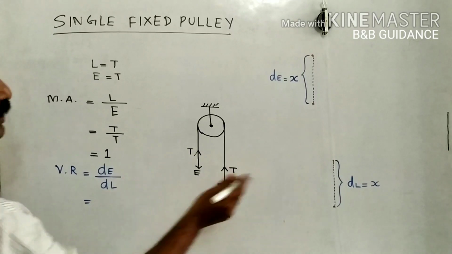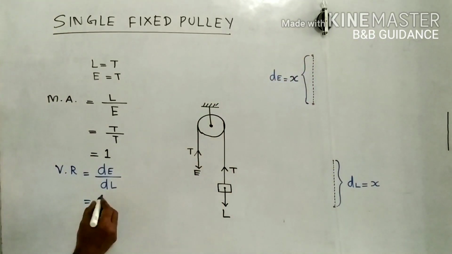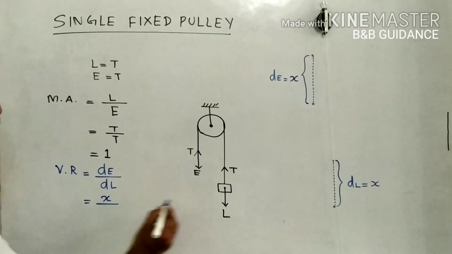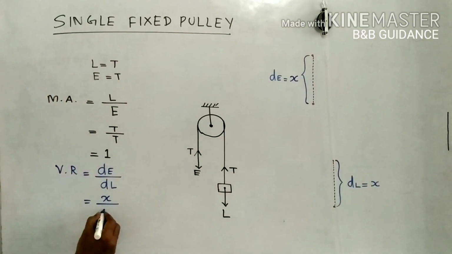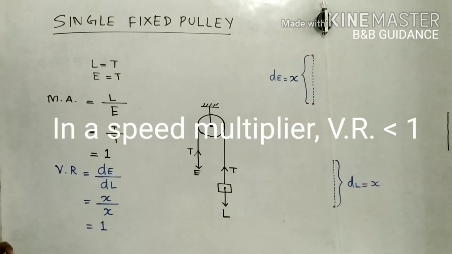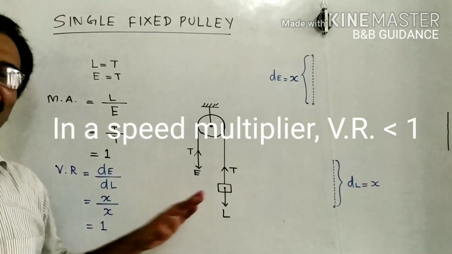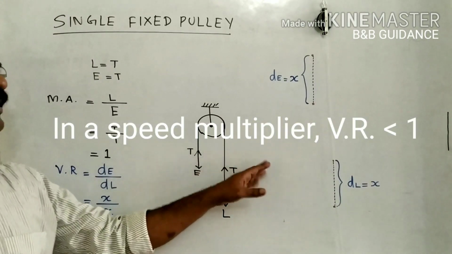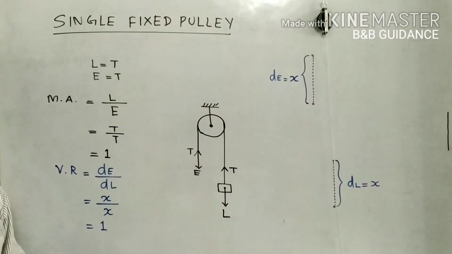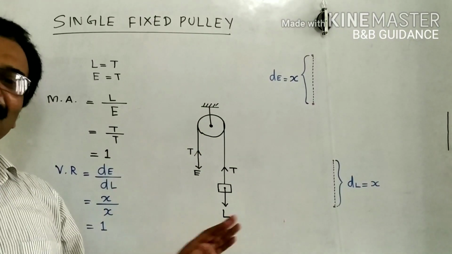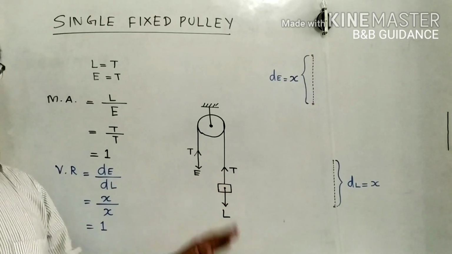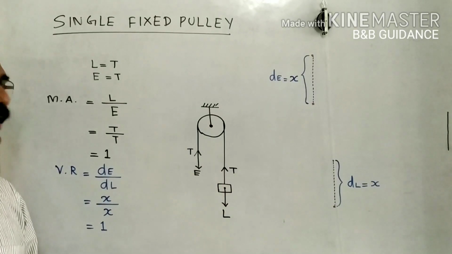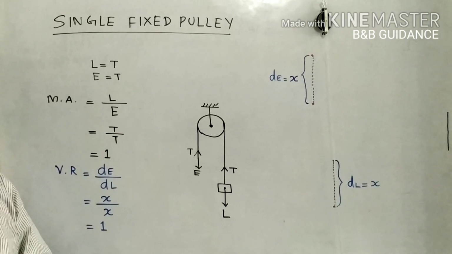In our case, displacement of effort is x, displacement of load is also x. So what we will get? We get 1. No, a single fixed pulley is not a speed multiplier. So a single fixed pulley is neither a force multiplier nor a speed multiplier.